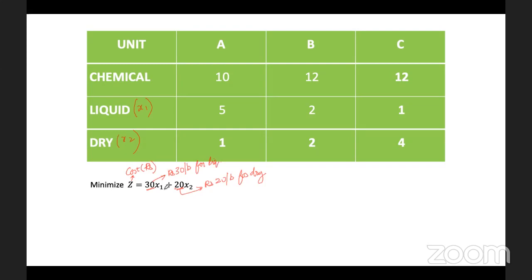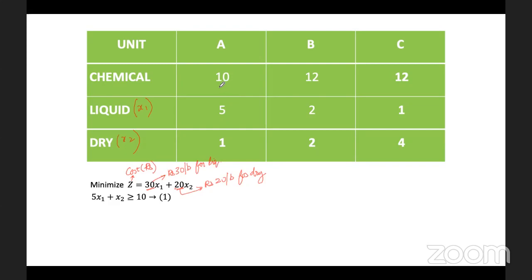Similar to this, we are going to arrive at different equations. What is the next equation? Right. So this is a little obscure. 5x1 plus x2 is greater than 10. It should be greater than or equal to 10. How come this equation 1 is derived? Right. So look into this particular tabular column once again.